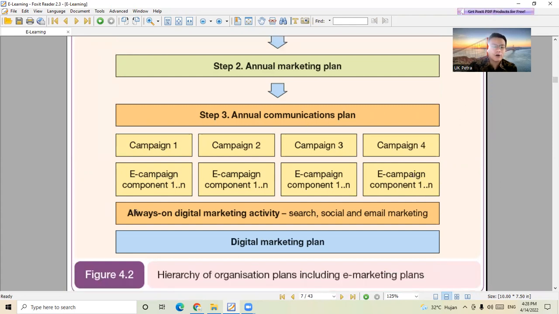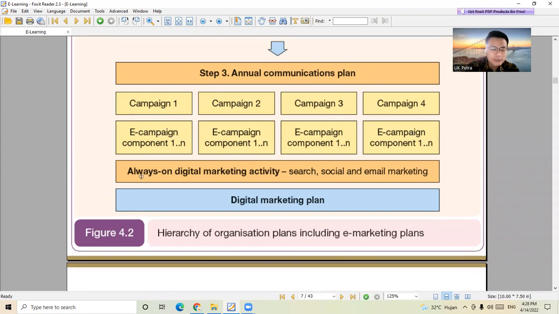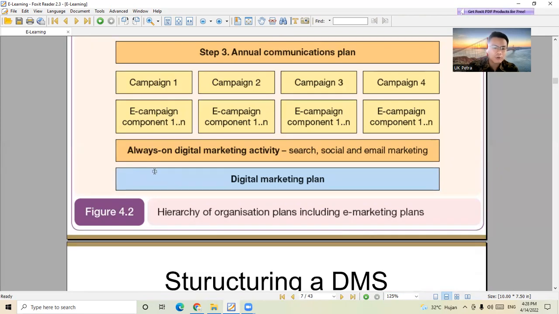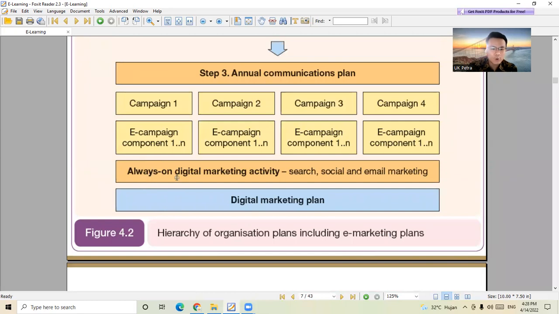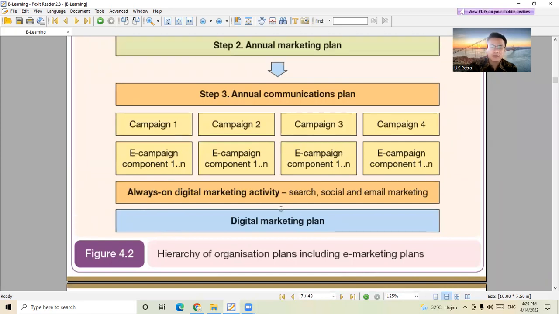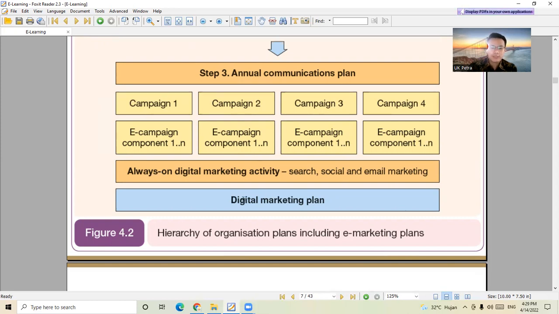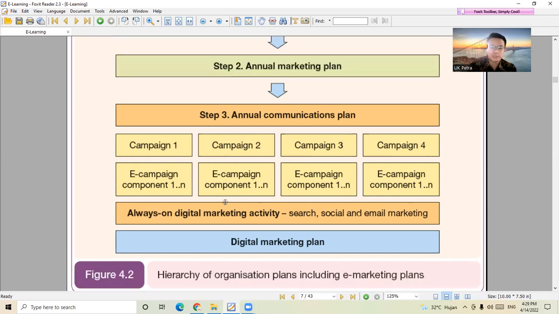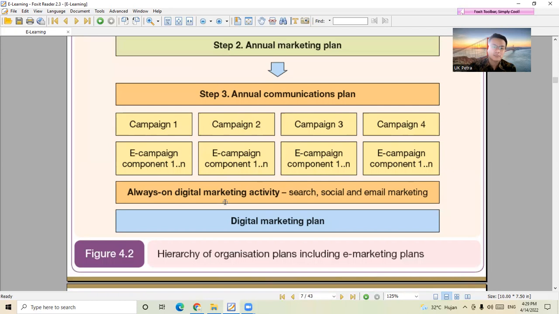And in the lower part, there are the always-on digital marketing activities, such as searching. So the company may use SEO, search engine optimization, social and email marketing. And at the bottom, there is a digital marketing plan. So this is what we call the hierarchy of organization plans, which includes the e-marketing plans.